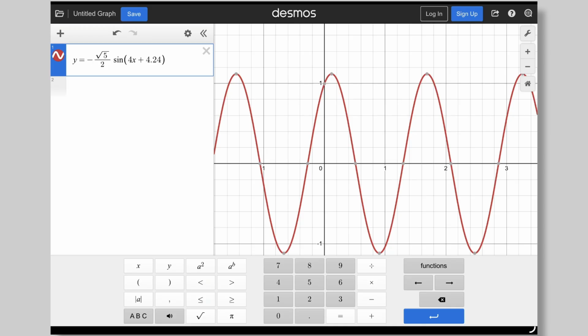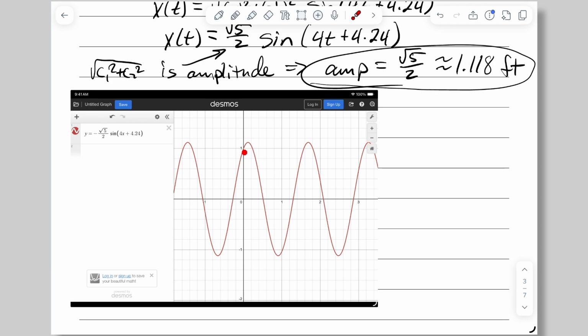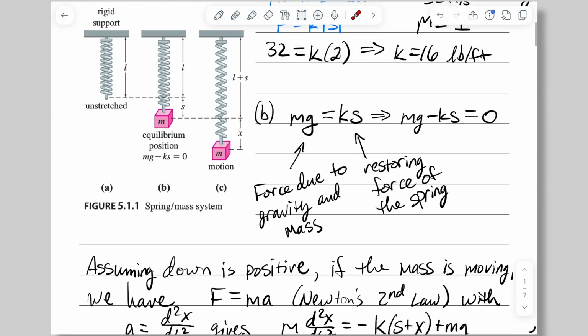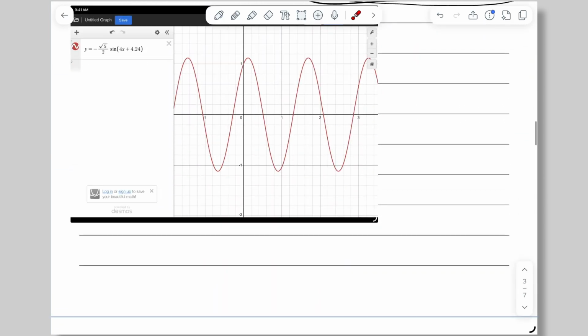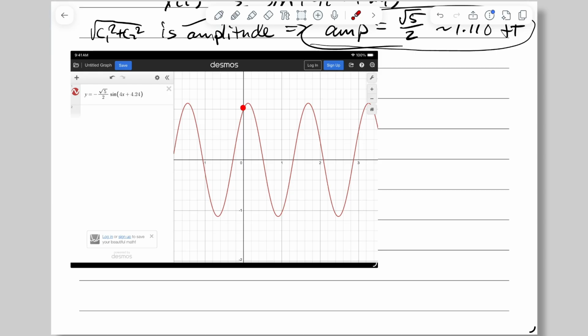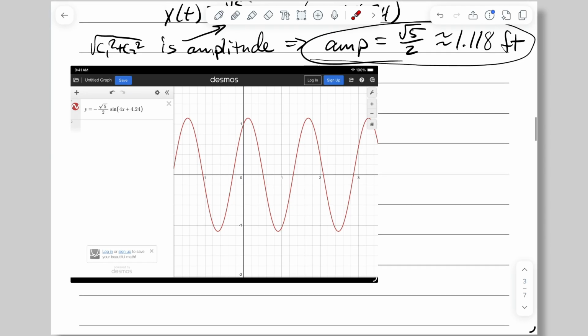And when we do that, we have this graph of a mass that is released at 1 unit above equilibrium, and its first motion is to go up. That would be due to the upward velocity of 2 feet per second. So this thing is going to be launched up, and then it just starts oscillating up and down with an amplitude, a maximum distance from equilibrium, of about 1.118 feet.